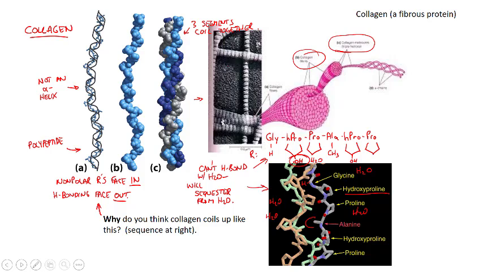Now, if you're paying attention, you may think, well, wait a minute, what about proline here? Proline is nonpolar, it doesn't form hydrogen bonds, and yet it's sticking out into the water. How can that be? Well, the answer is you are right. That is an unfavorable thing to happen. So what does the system do in order to minimize this problem?